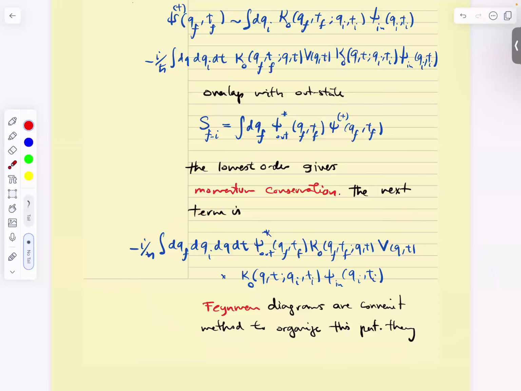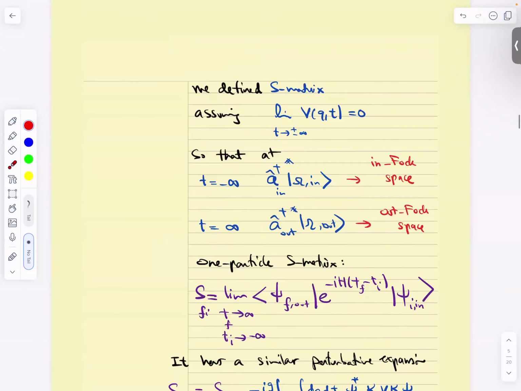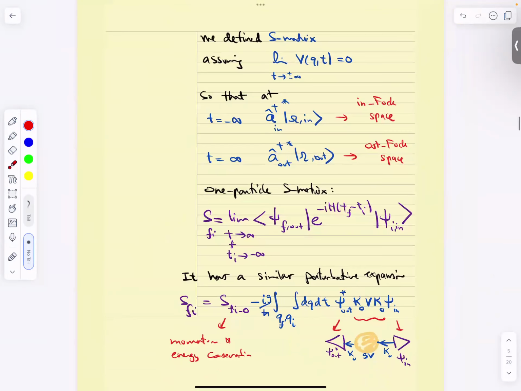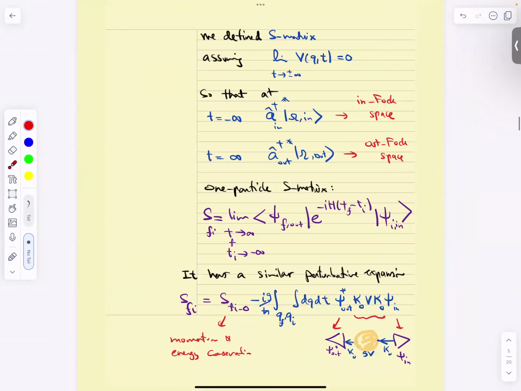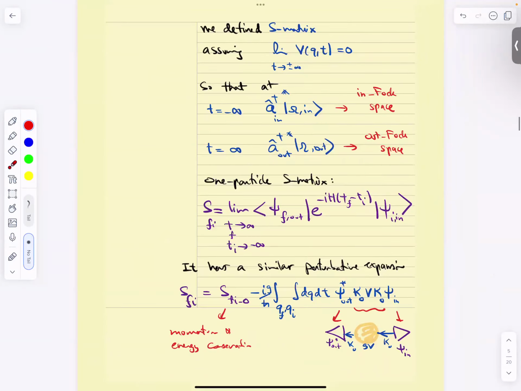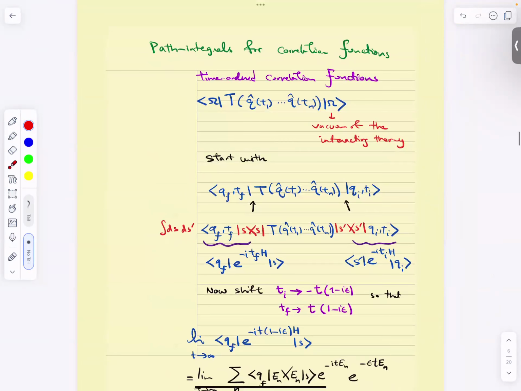So this piece is like this picture. This is the perturbation theory for the S matrix, and Feynman diagrams organize it for you. I think that is all I wanted to say. All right. Any questions?